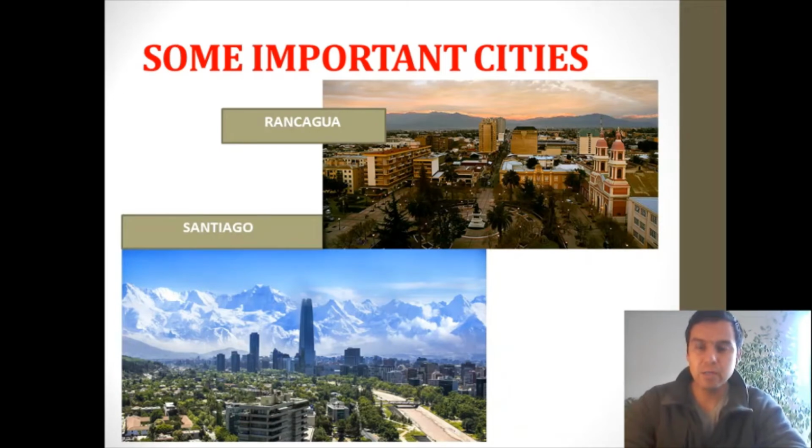Okay, here I decided to include these photographs of some important cities in this central zone. So we have the big city Santiago and Rancagua here, and I chose this photograph because here you have the Andes, the mountains, and then you have the valley of Santiago with a river.